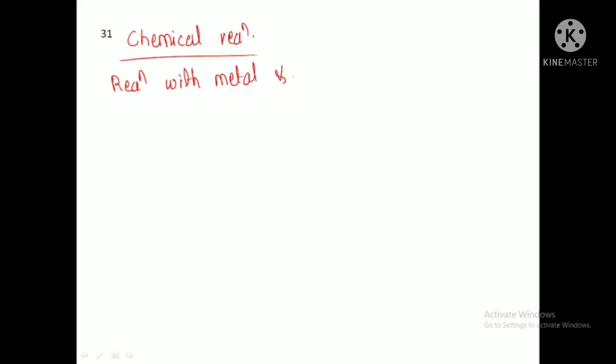Next is chemical reactions of carboxylic acid. Let's study some of the chemical reactions. The first chemical reaction is reaction with metals and alkali. How will it react with metal and alkali?